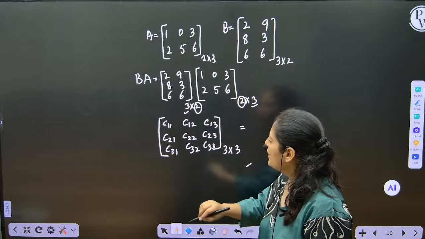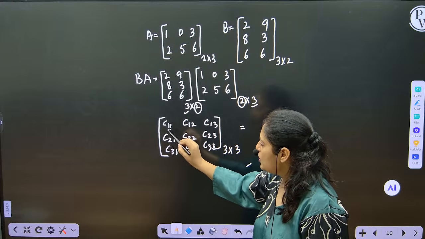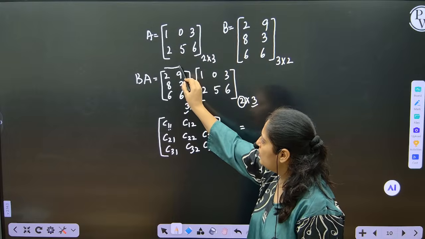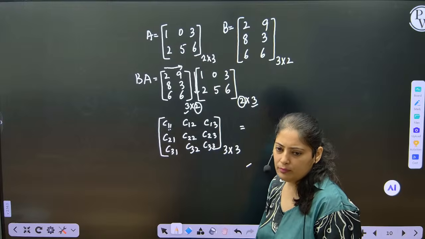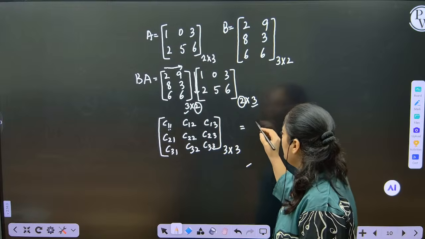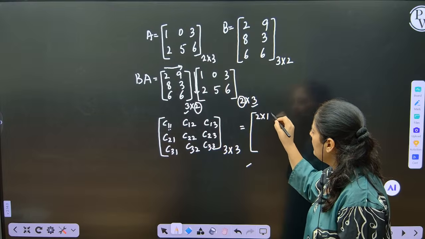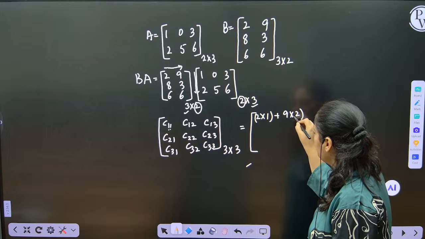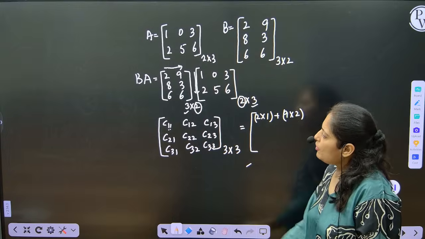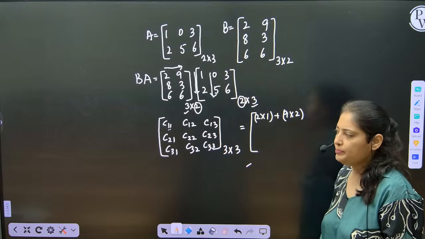Alright. Now what does it mean? First row will be multiplied with first column. Okay, we'll do 2 into 1 plus 9 into 2. Now first row will be multiplied with second column.